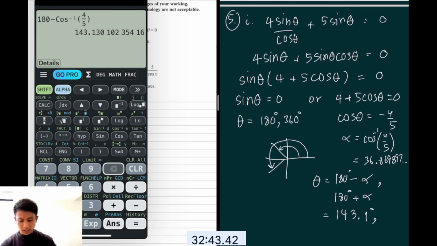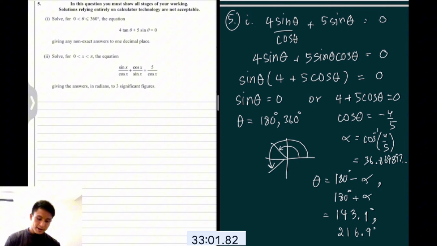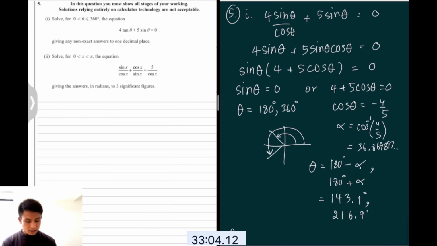It's easy to just change to a plus when you already have everything in place. So 143.1 and 216.9. I'm just going to check again. Yep, everything is fine, I didn't copy it incorrectly. And so the solution is 180, 360, 143.1 and 216.9.